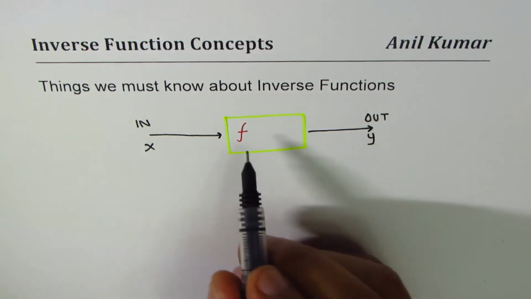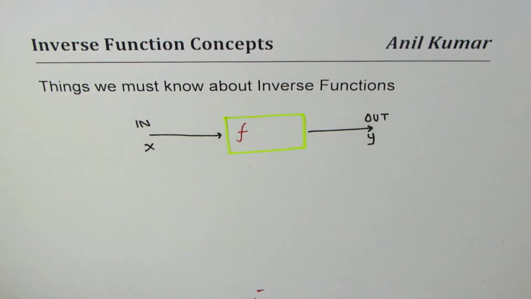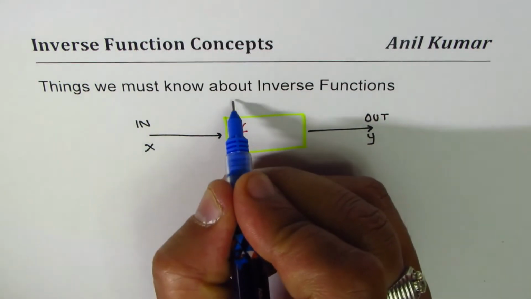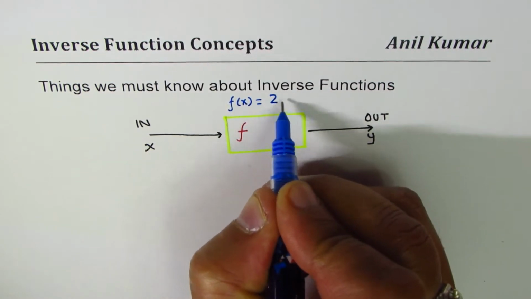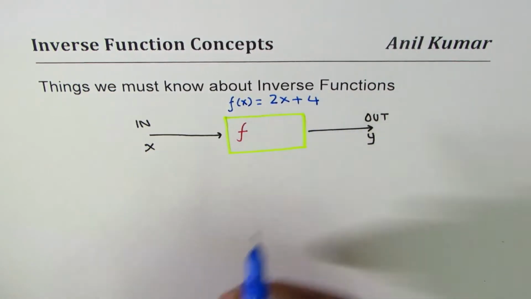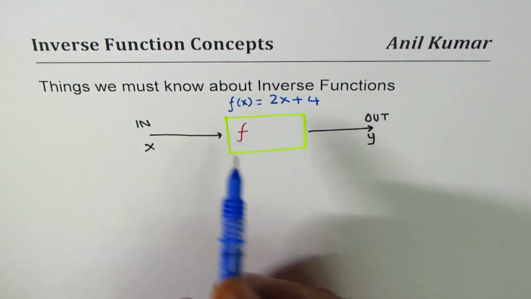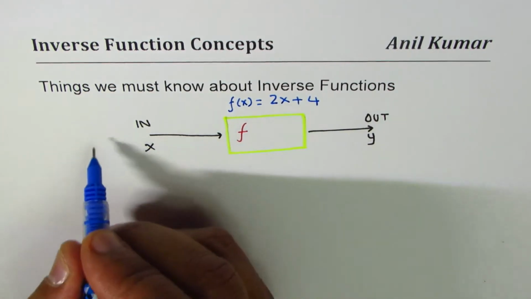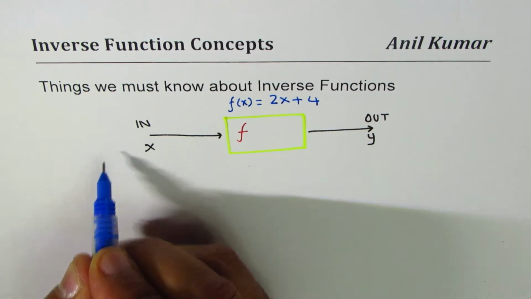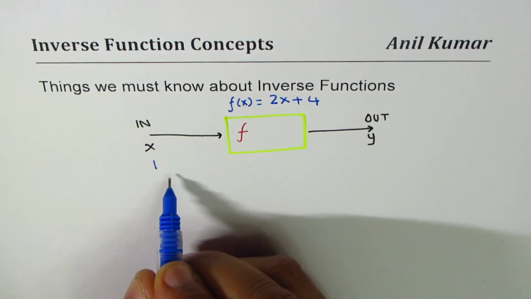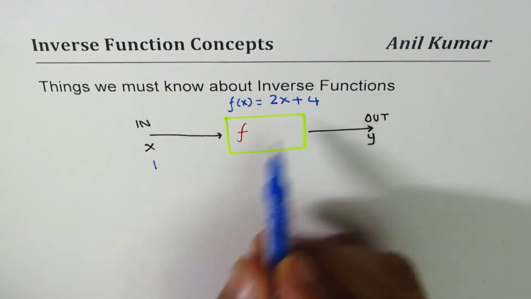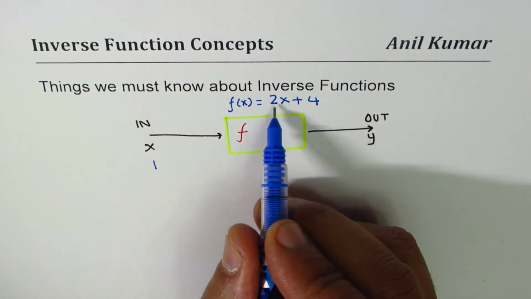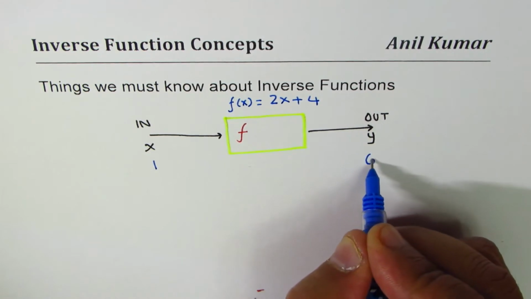Let me consider a function operation where we are doing y equals, let's say f of x equals 2x plus 4. It really means that if I send in an input, let us say 1, then 1 gets multiplied by 2 and then we add 4, the output will be 2 plus 4, 6.